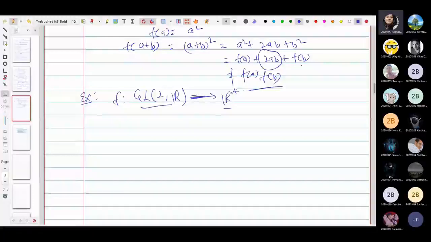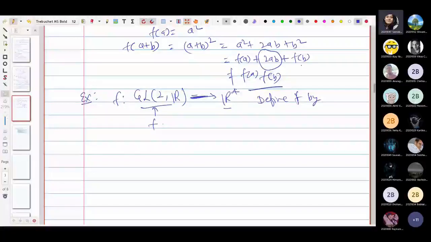Define f by how we are defining here. In this group we have matrices, so we are defining A mapped to the determinant of A. And you know very well that the determinant of A times B equals the determinant of A times the determinant of B.